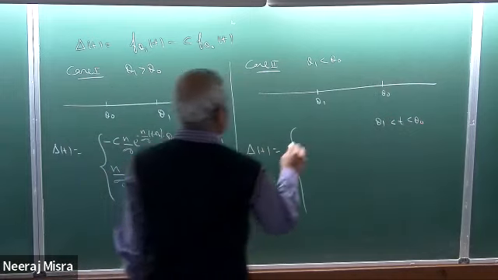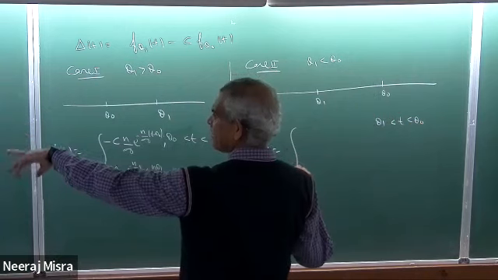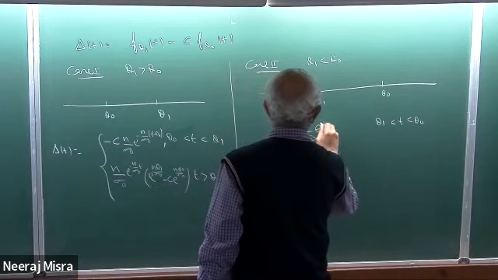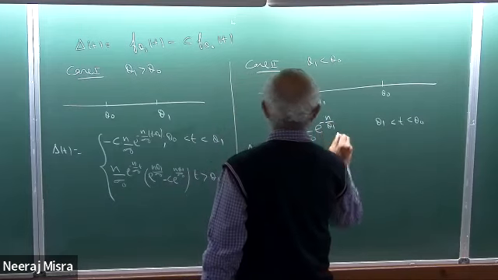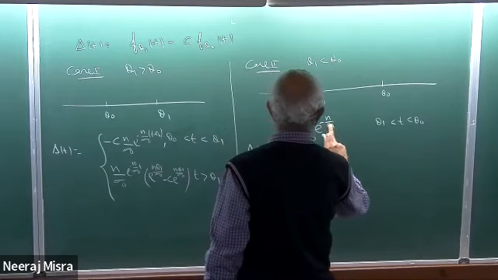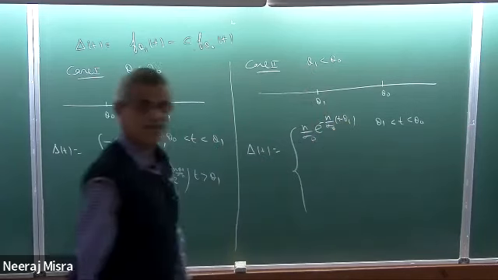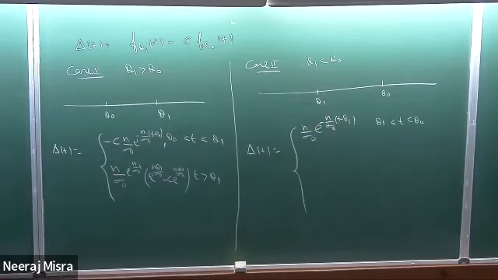So it is only f theta 1 x, which is nothing but n by sigma naught e to the power minus n by sigma naught (t minus theta 1). Is that okay?